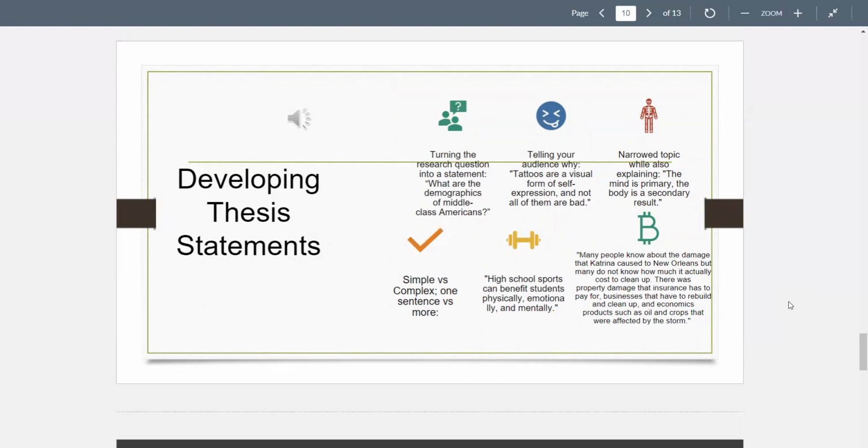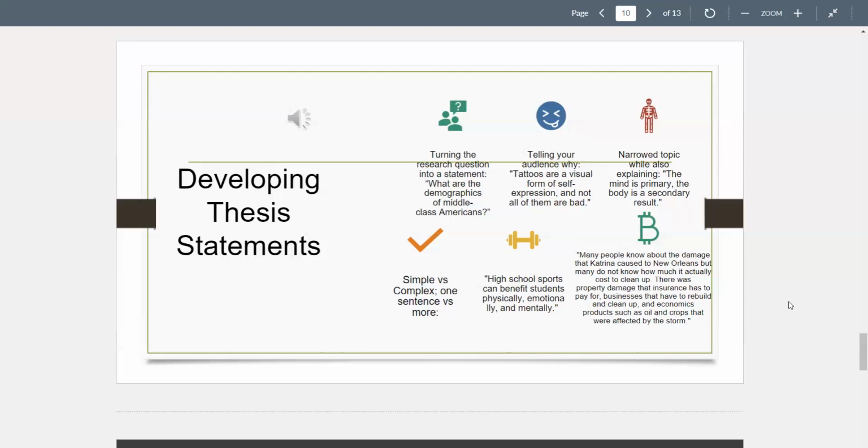But all of that should funnel into our thesis statement, which is our roadmap for ourselves as we're trying to develop the paper, but it's also a roadmap for our readers. When a reader sees the thesis, they should be able to tell what your topic is, what your purpose is going to be, and where you're going to go in the paper. Now, for us, it's also one of the most changeable parts of the paper.